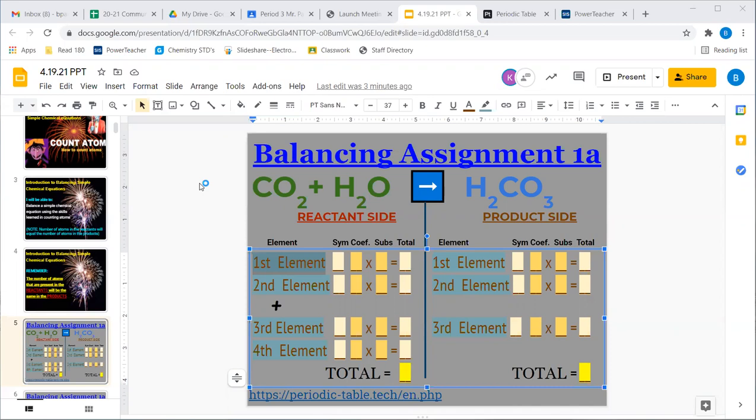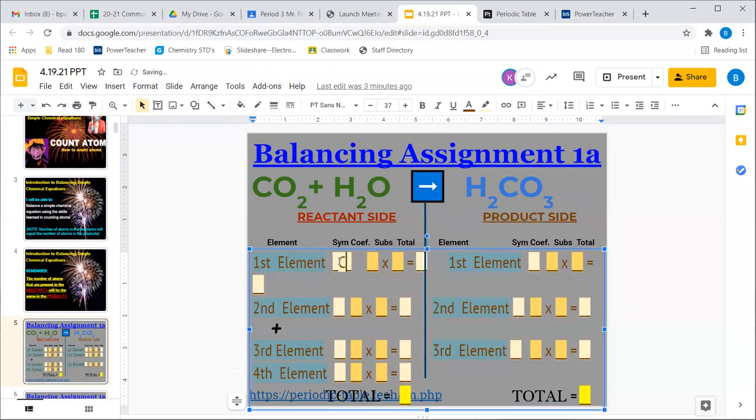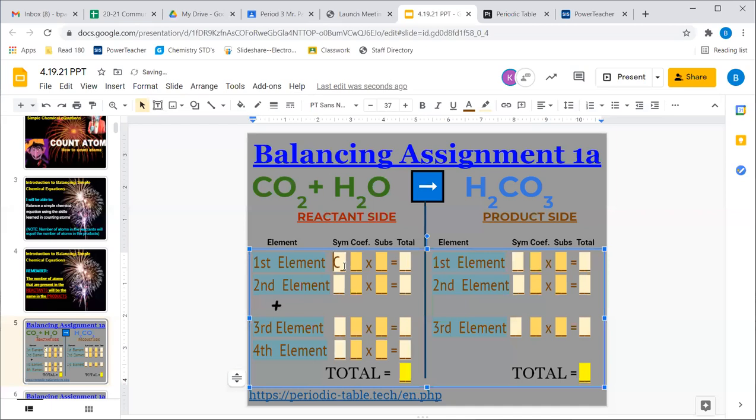So we're just dealing with C. What is the name of that element? Carbon. Okay.